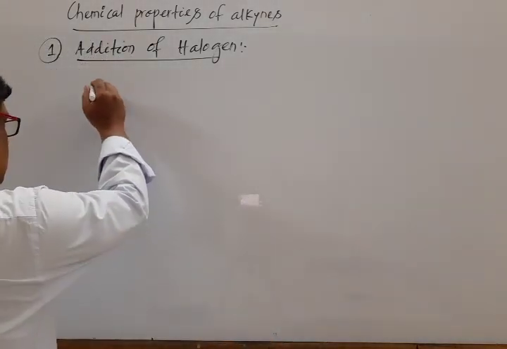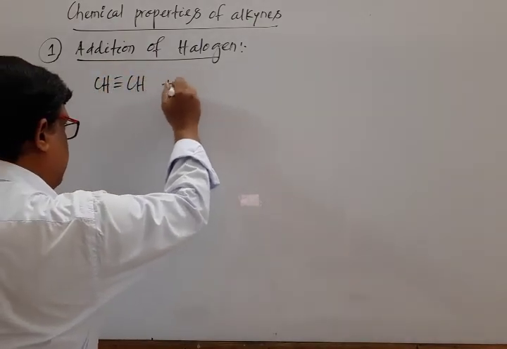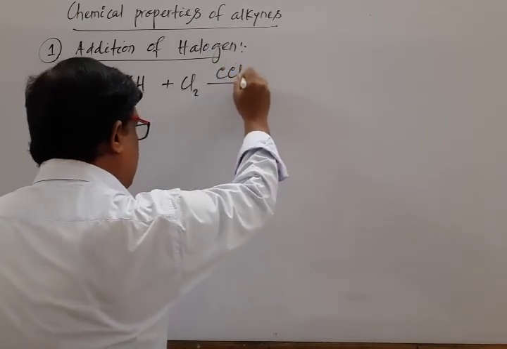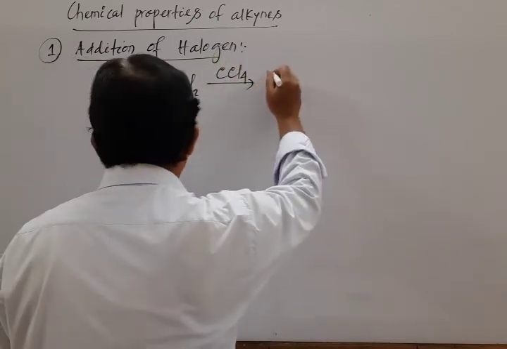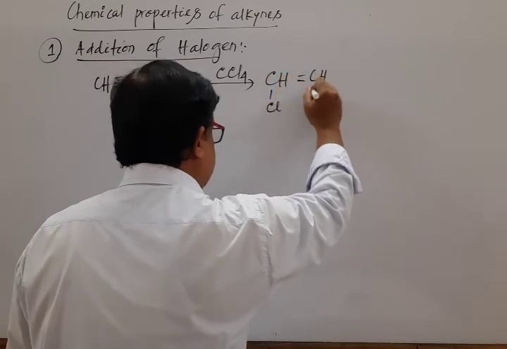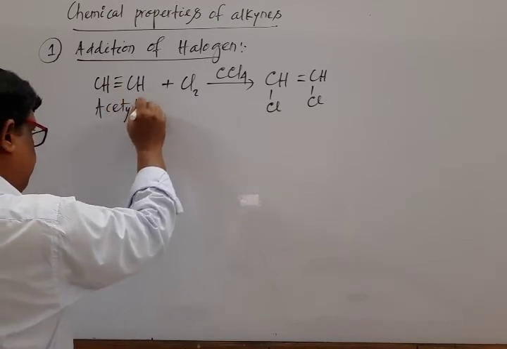For example, we select acetylene when treated with chlorine in presence of carbon tetrachloride as a solvent. What happens? CHCl=CHCl is formed, that is dichloroethene.